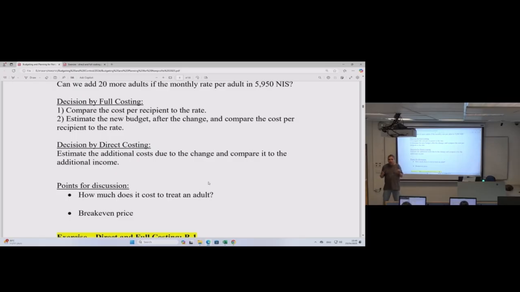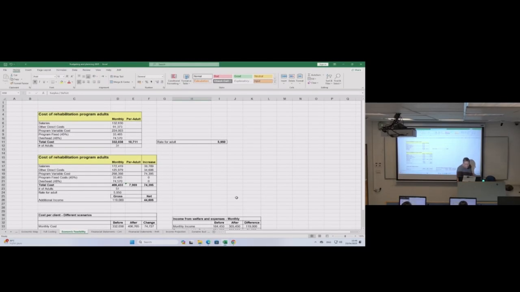However, this is also not the right way to make the decision. The right way to make the decision is to use the direct costing, which we saw already, and that is to look at the differences, the additional income versus the additional expenses. So let's see that in the table. So first of all, we ask ourselves, if we move from this budget to this budget, what will be the change in expenses?